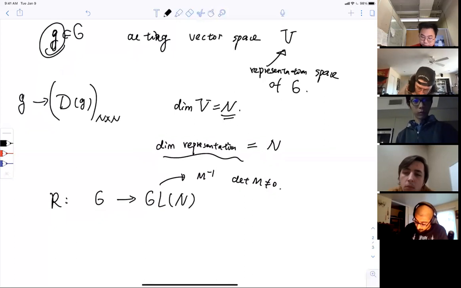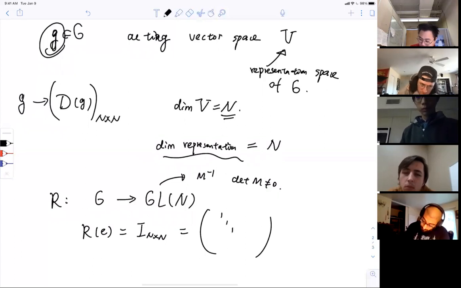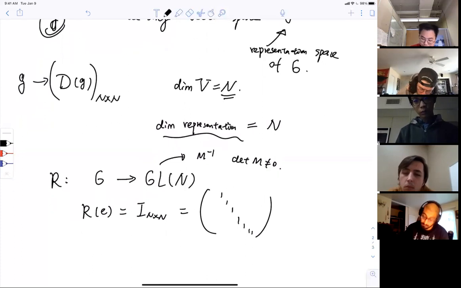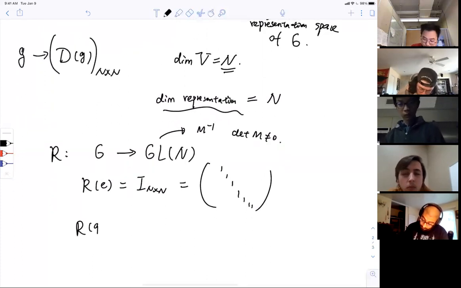Or the determinant of this is non-zero. It's equivalent, right? And it satisfies the rules: the identity maps onto the identity element. Yeah, this is very natural. And another thing is it preserves the group multiplication.